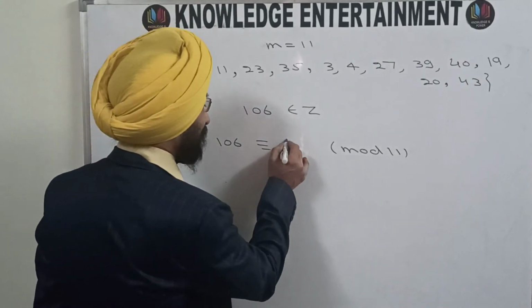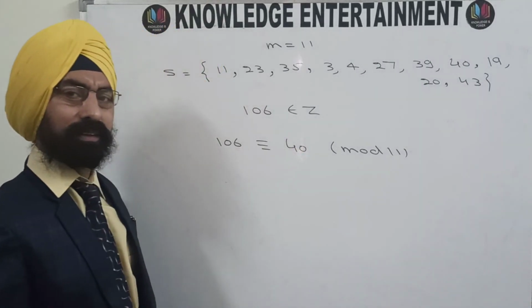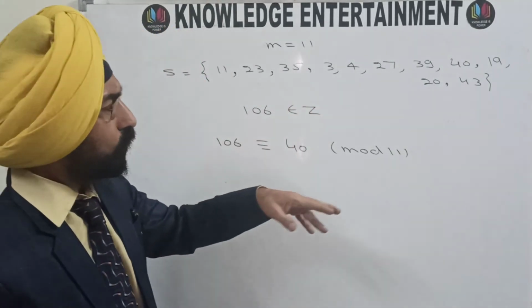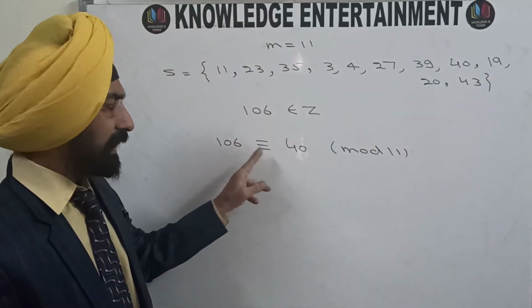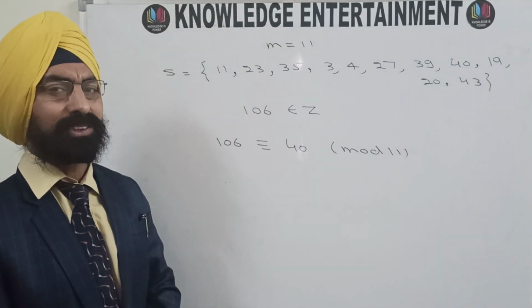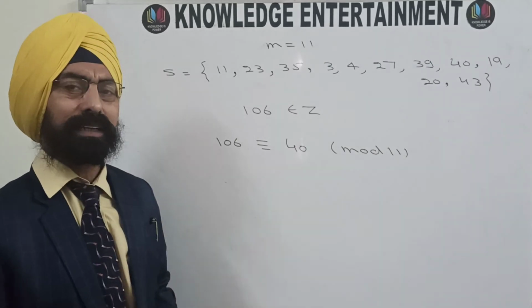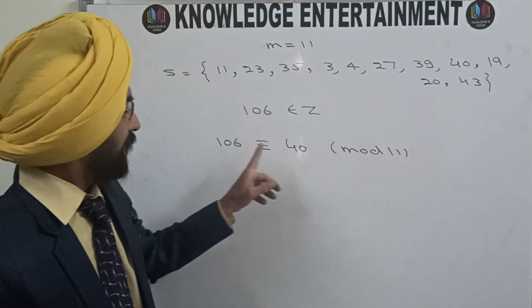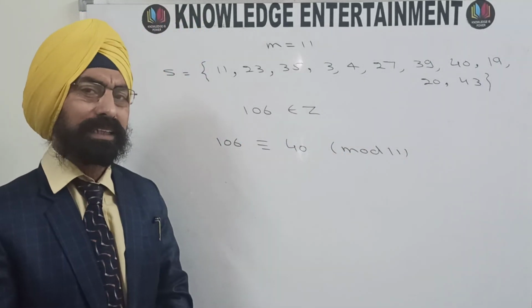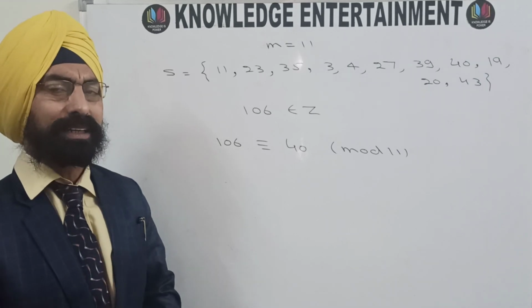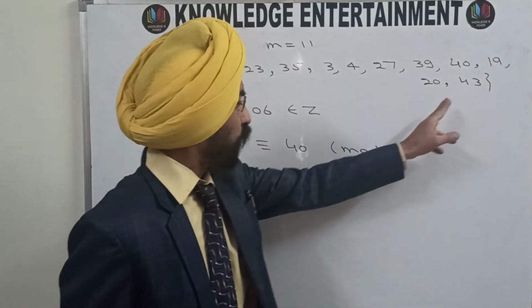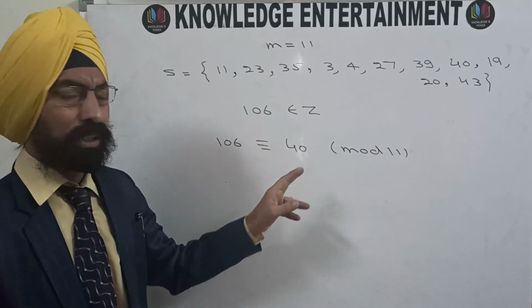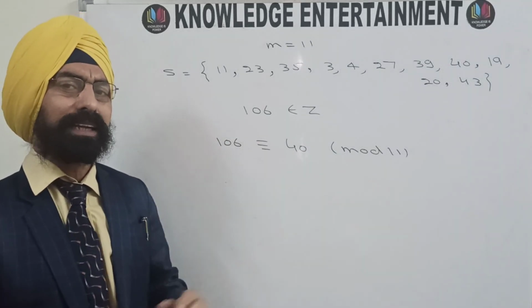So 40 is here. Let us check the rest also. 19. 106 minus 19, it is 87, not divisible by 11. What about 20? 106 minus 20, 86, not divisible by 11 again. What about 43? 106 minus 43 is 63, not divisible by 11.